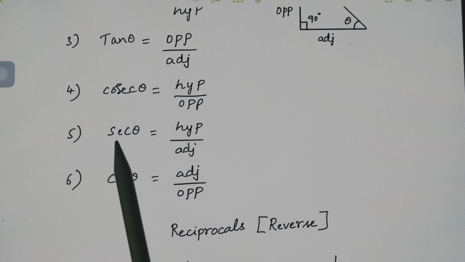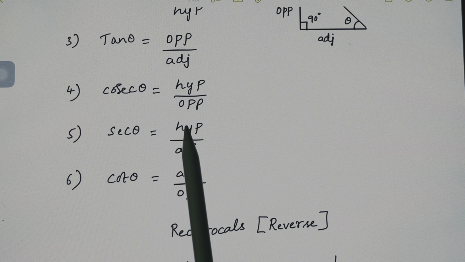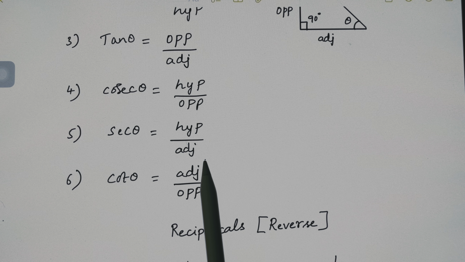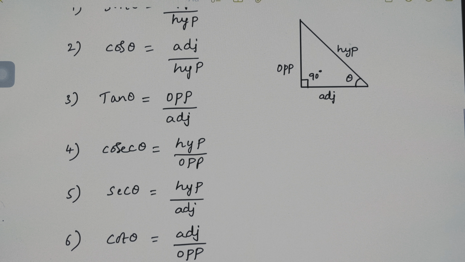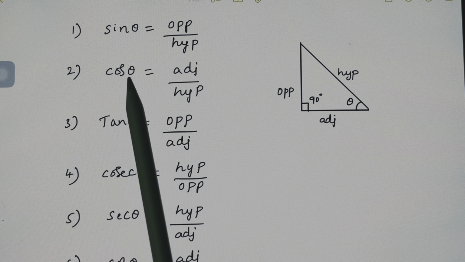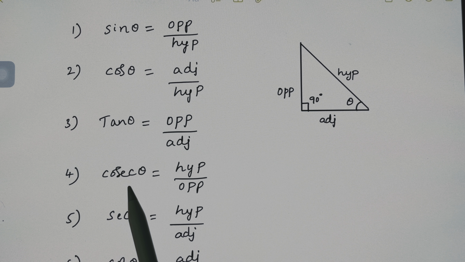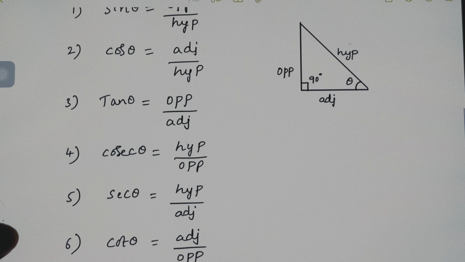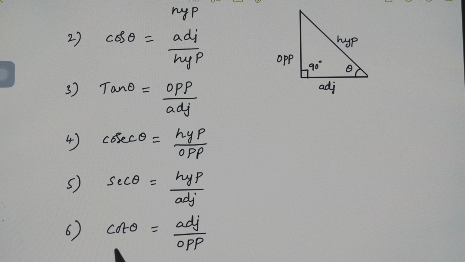Fifth one is secant theta, defined as hypotenuse by adjacent. Last one is cot theta, defined as adjacent by opposite. So these are the 6 trigonometric ratios: sin theta, cos theta, tan theta, cosecant theta, secant theta, and cot theta.